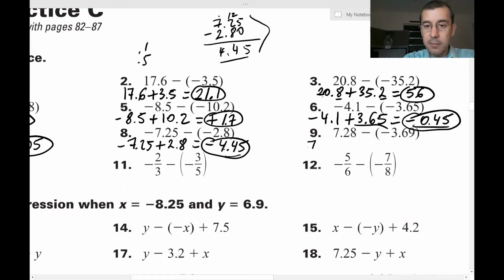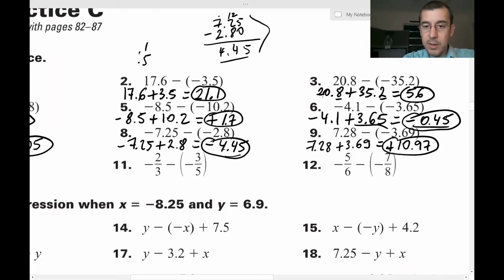Number 9, 7.28. Minus minus, that's plus 3.69. Two positive numbers, so plus. 7 and 3 is 10. So this is plus 10.97.